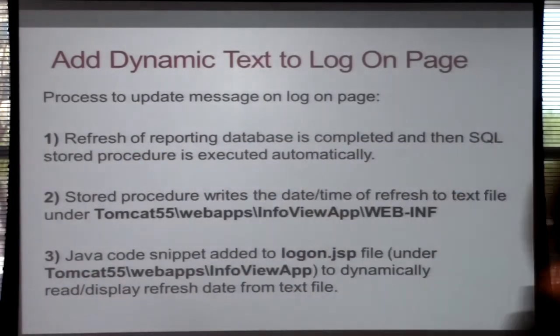So it creates a text file which says the reporting database was last updated on this day and date. Okay, that's the role of that stored procedure. Then the business object side of that is that I customized the logon.jsp page with a little Java code snippet to go out and fetch that text file and display it to the user. Okay.